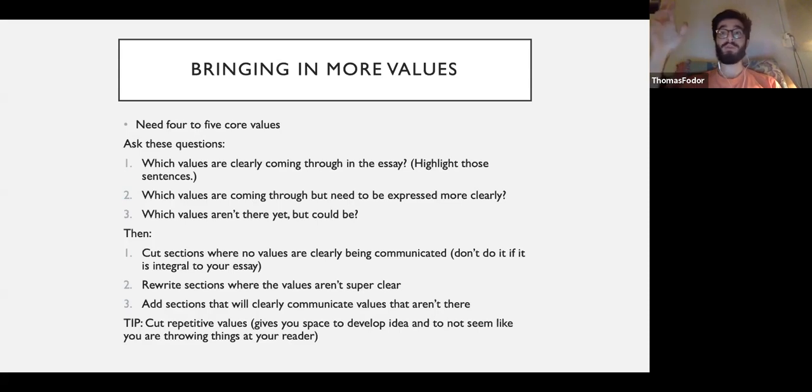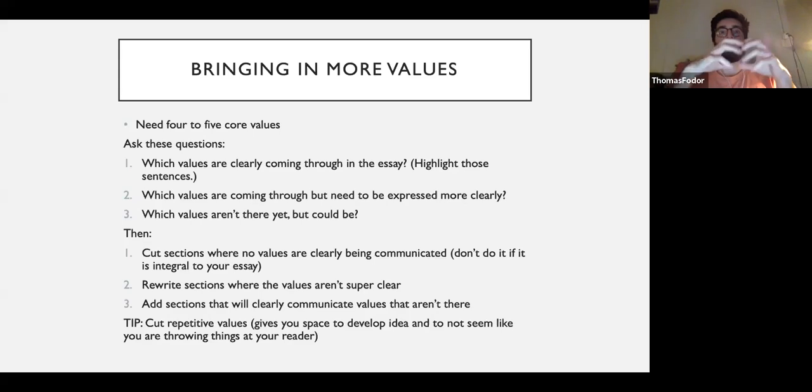All right, once you've asked yourself these questions and written it down, then do these things. First, cut sections where no values are clearly being communicated. Now, importantly, there are ways to incorporate values into many sections that you might think don't have values, but also if a section of your essay is critical to the overall idea or to the flow of your essay, obviously don't cut that.